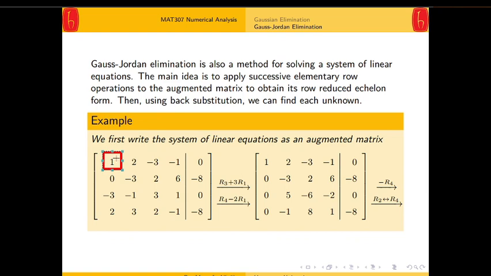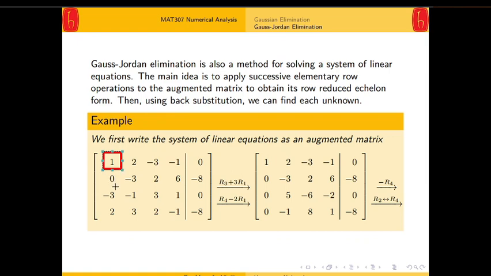If that wasn't 1, we would need to divide the whole row by what we have here, and then we would get 1 here. But in this particular case, we already have 1, so we can proceed.